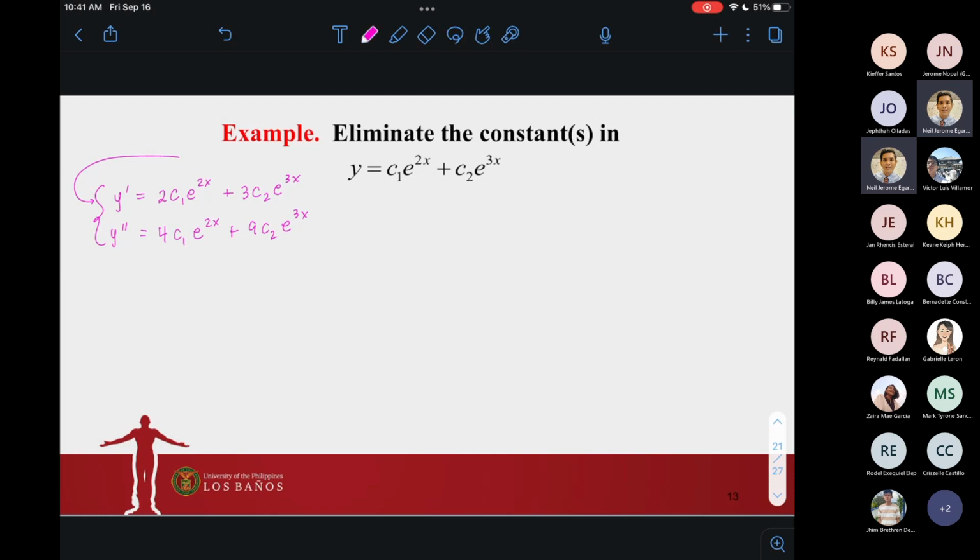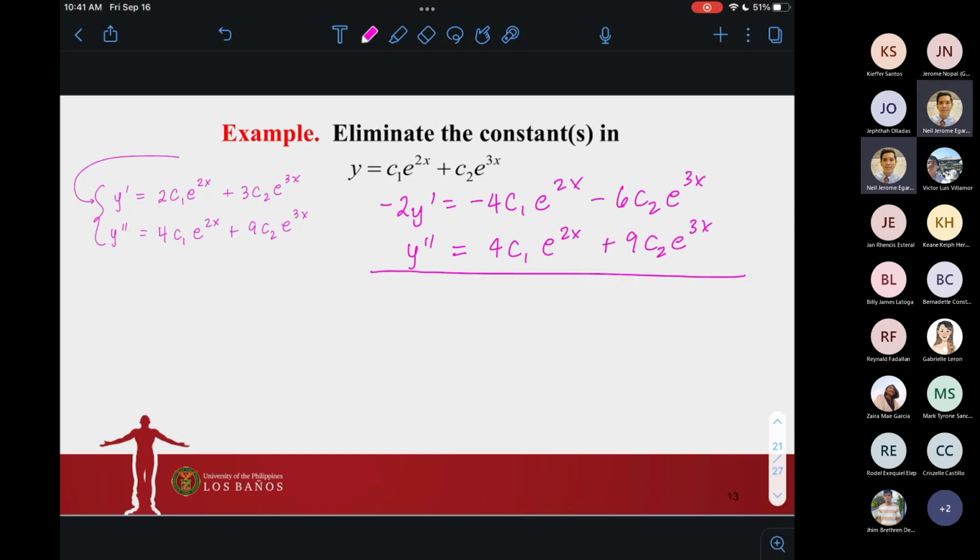But I'll do elimination. So what I'll do is I'll multiply y prime by -2 so that I'll have -2y prime equals -4c1 e to the 2x minus 6c2 e to the 3x. Sorry, nawala yung prime. And then I'll just copy the expression for y double prime. And then I'll add them up, right?